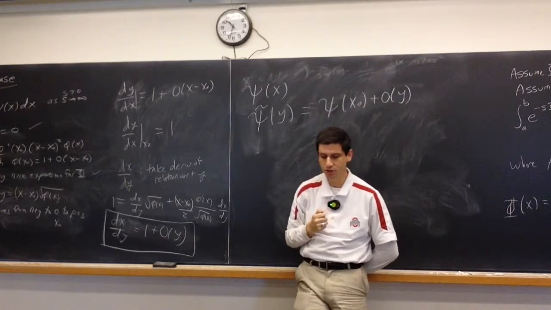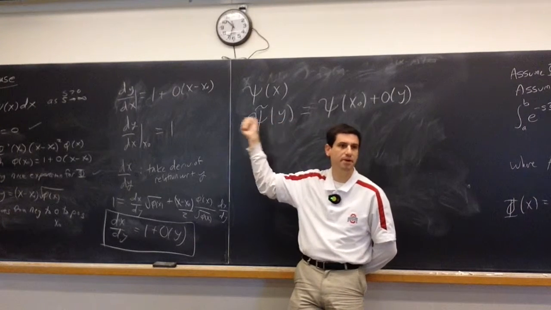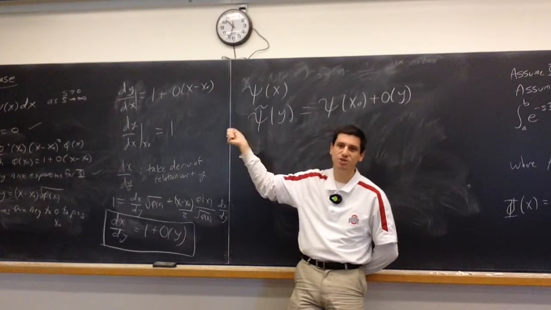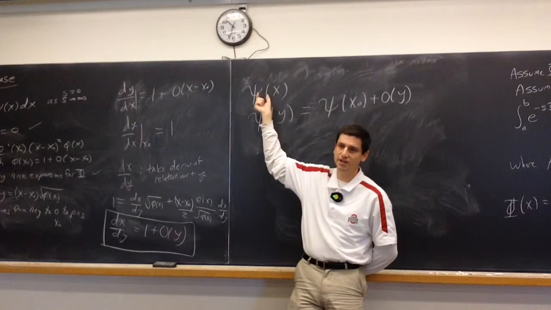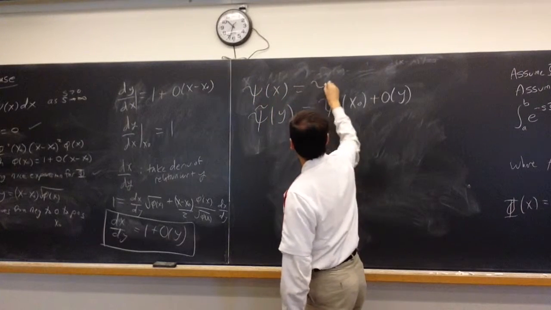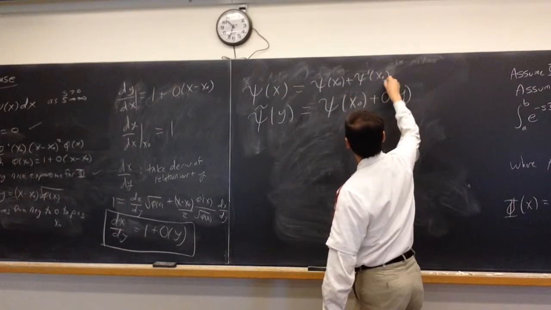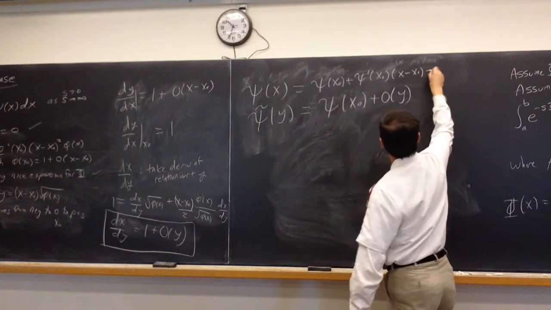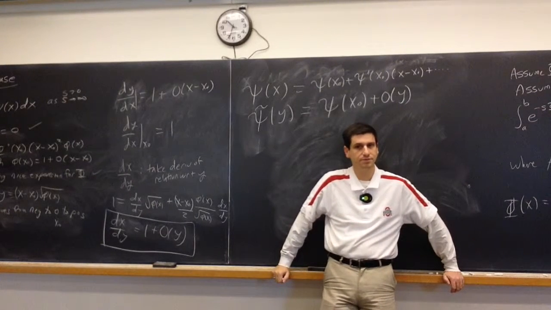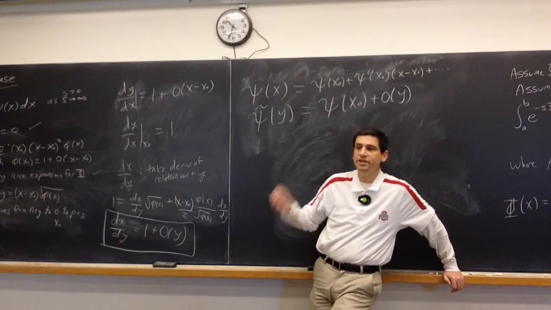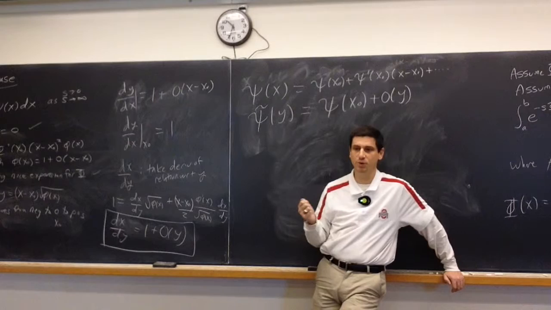If you think about what's going on, big O of y is not moving that much. Y not moving that much is equivalent to x not moving that much. So c of x should be c of x naught plus c prime of x naught times x minus x naught, plus dot, dot, dot. We have a nice one-to-one relationship between y's and x's, a nice change of variable we can do.